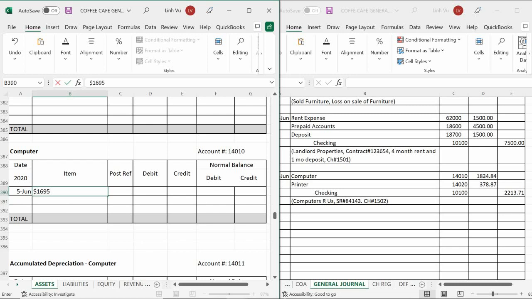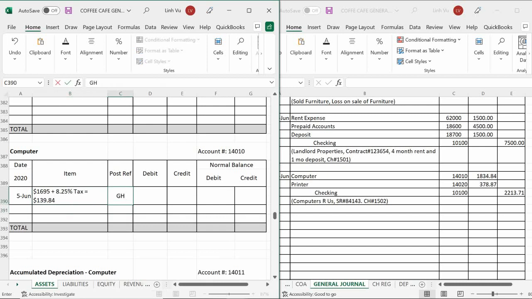That's what it cost you, plus the 8.25% tax, which yields $139.84. So that gave you your total cost of that, $1,834.84.